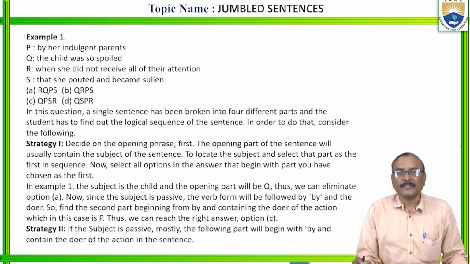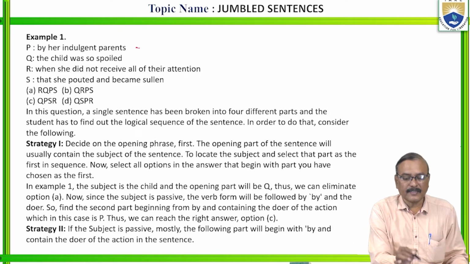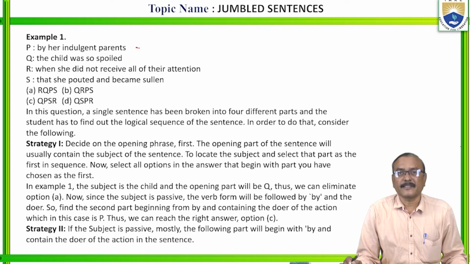Definitely P is not the opening part, because it begins with "by her". R is also not the first part of the sentence, and S is also not the first part.